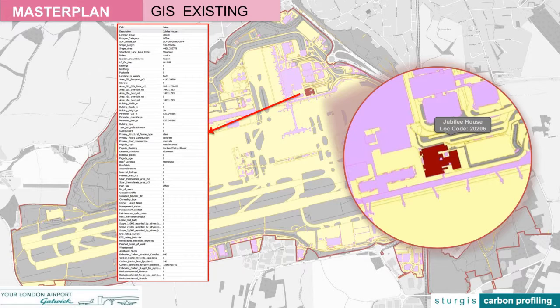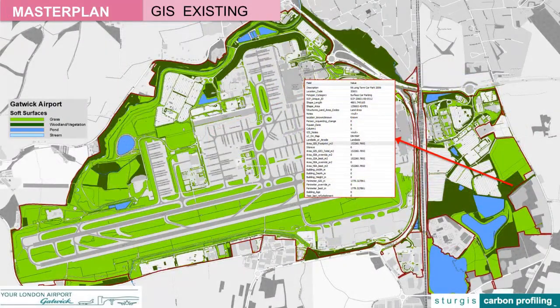We've collected all that data, and of course we've collected data from all the other things around the airport as well. For example, this is an area of green material, trees and things, and we've got data on that as well.